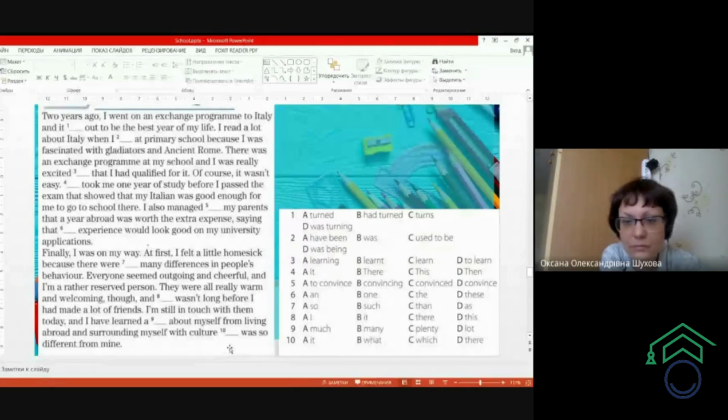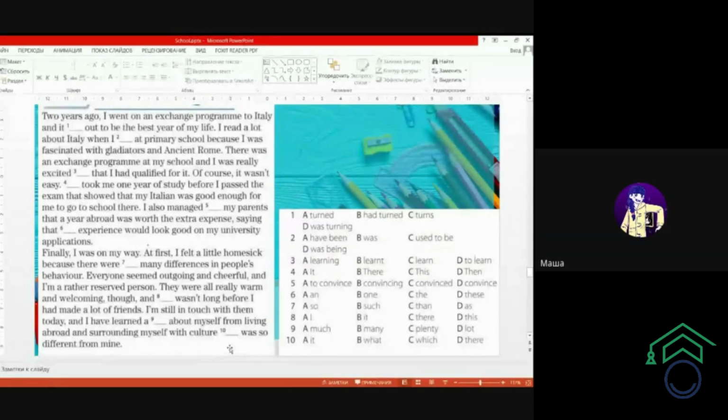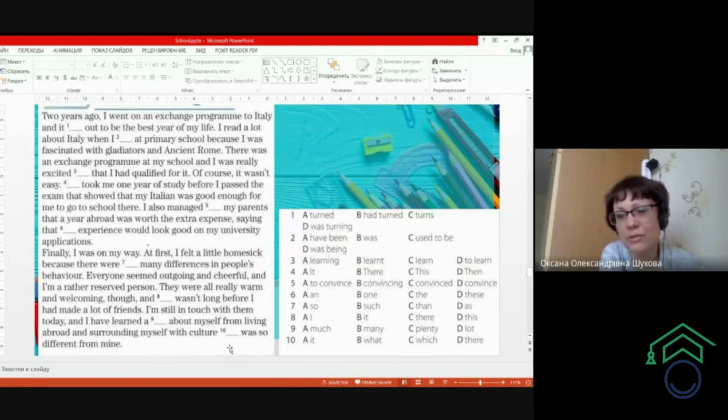Why? Because here we need either which or that, and we don't have that, so only which is left. Okay, you're absolutely right. Which – це відносний займенник, який служить для сполучення частин складного речення, і which відноситься до неістот. Тож, which – це саме той варіант, який є правильним.